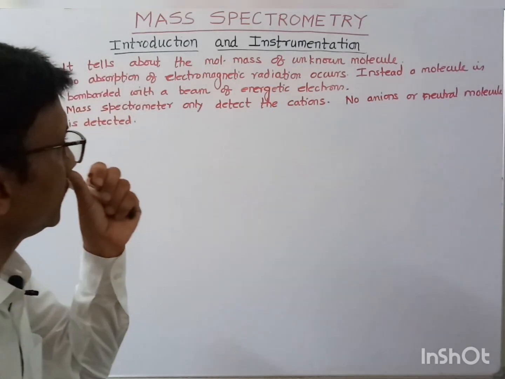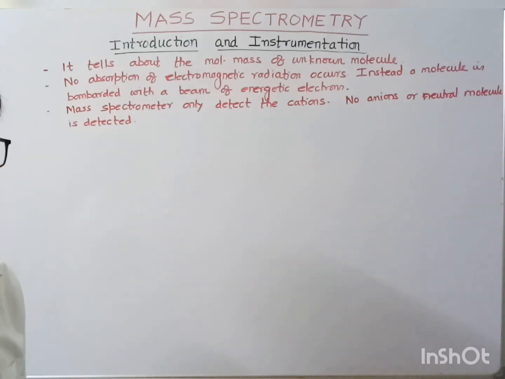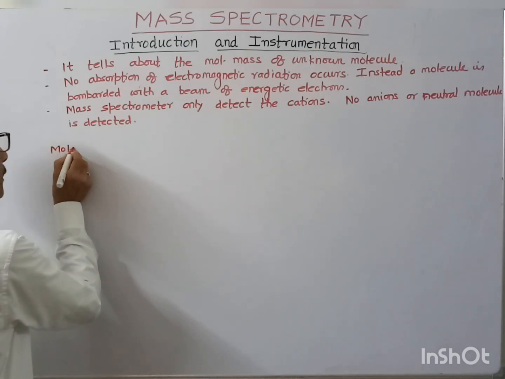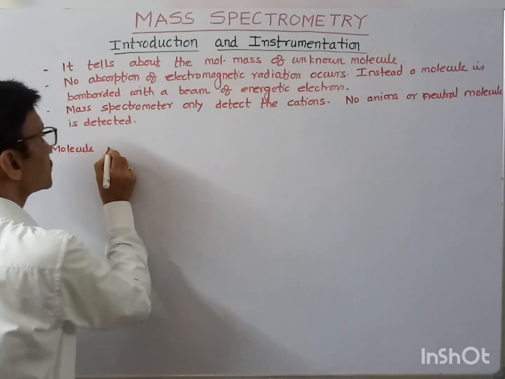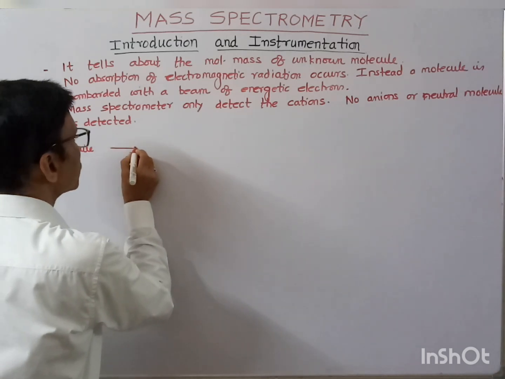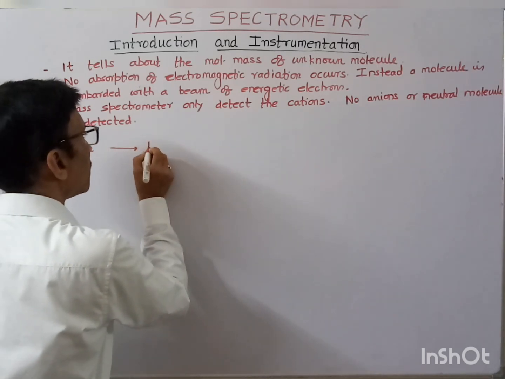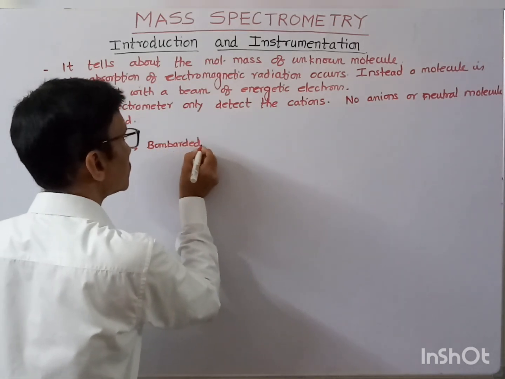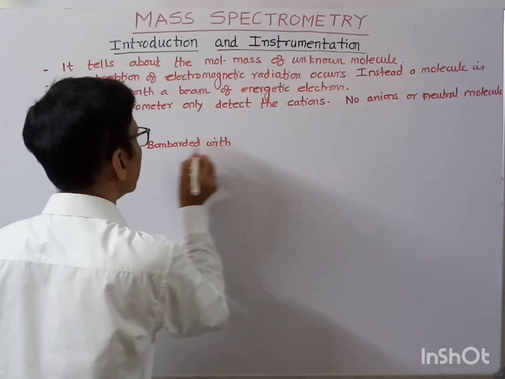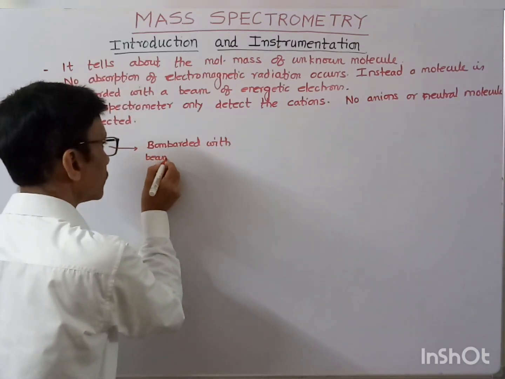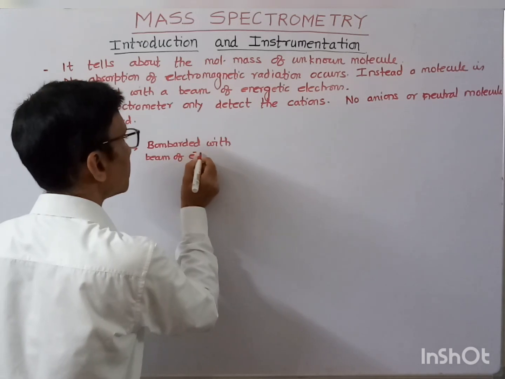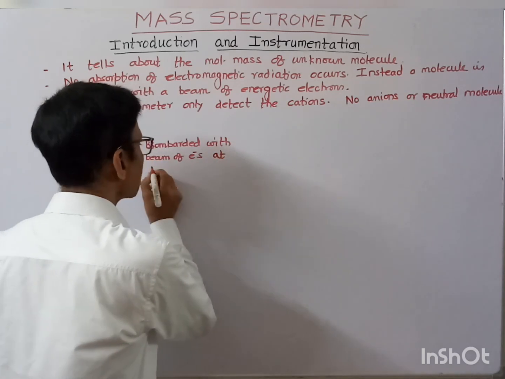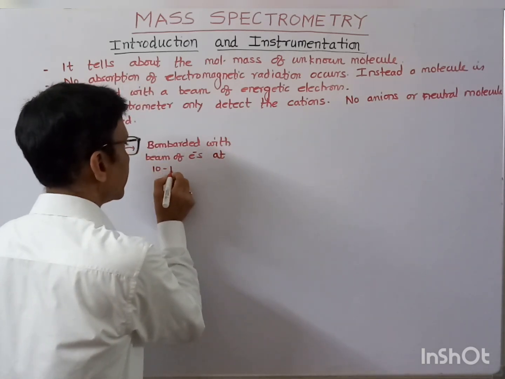So what happens in a mass spectrometer? Suppose we have a molecule, and this molecule is bombarded with a beam of electrons at suppose 10 to 15 electron volts.